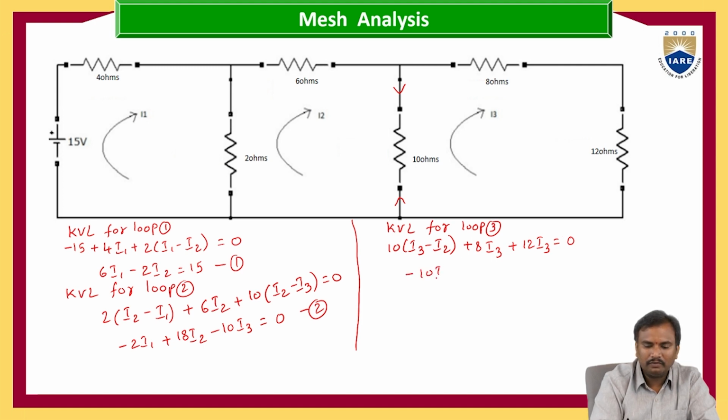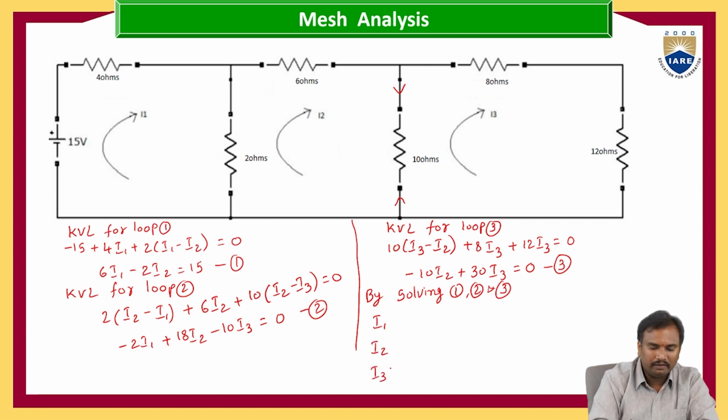Minus 10 I2 plus 30 I3 is equal to 0. This is equation number 3. Now by solving equations 1, 2 and 3, we'll get I1, I2 and I3 values.